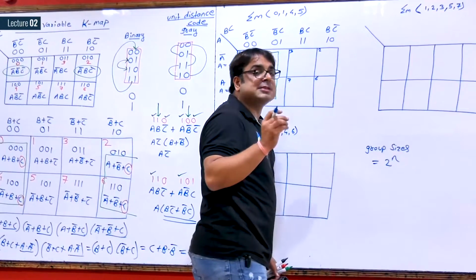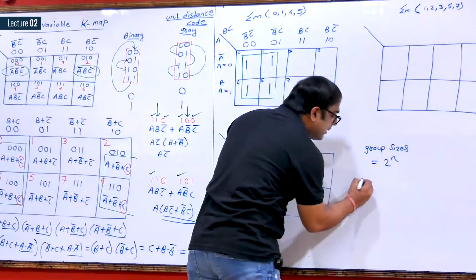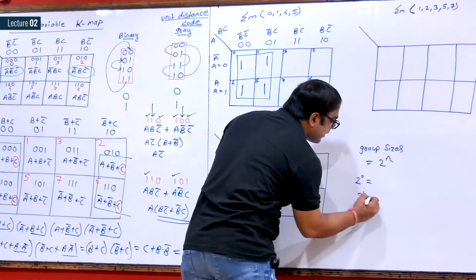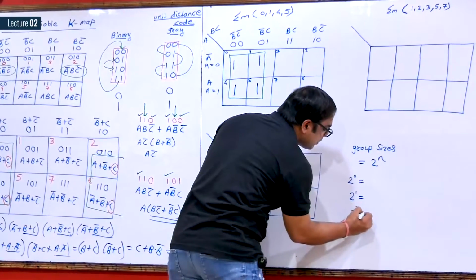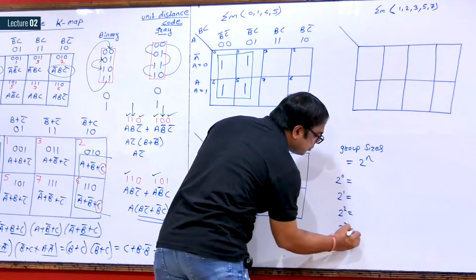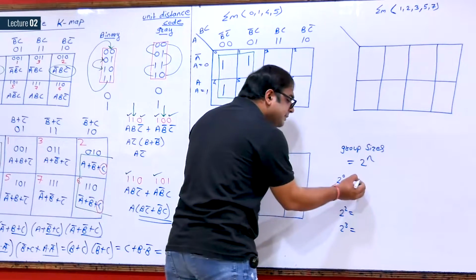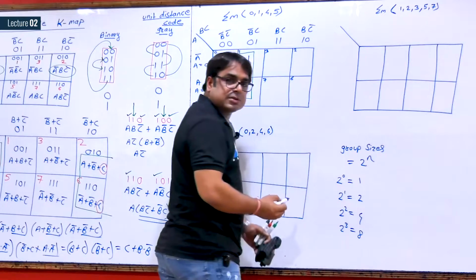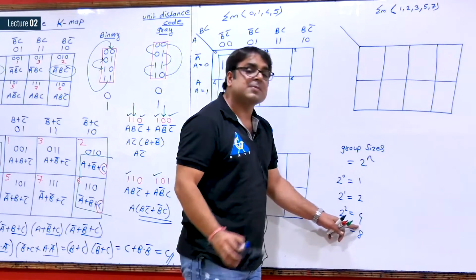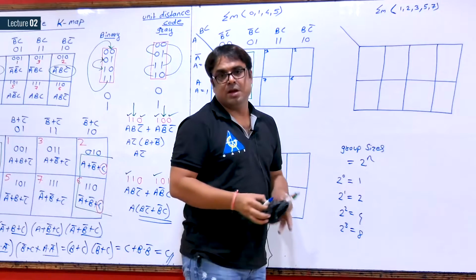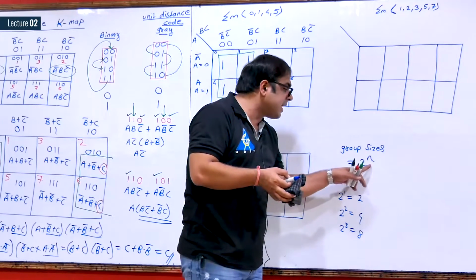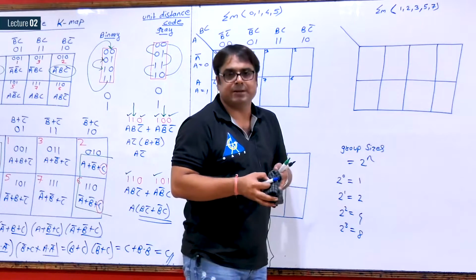You can make a group of 2 to the power 0, 2 to the power 1, 2 to the power 2 and so on. You can make a group of 1 min term, 2 min terms, 4 min terms and 8 min terms. Means 6 min terms grouping is never possible. The number of cells in a group should be of the form 2 to the power n.